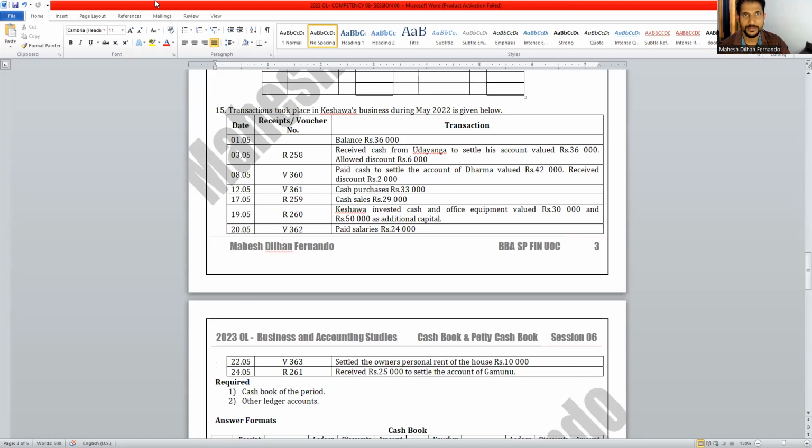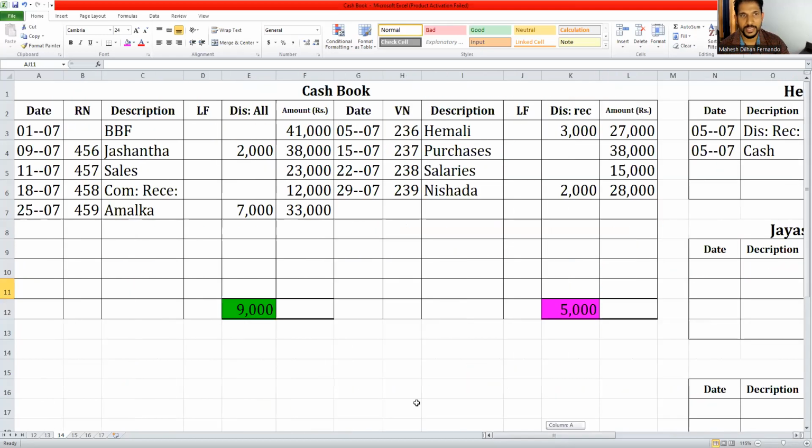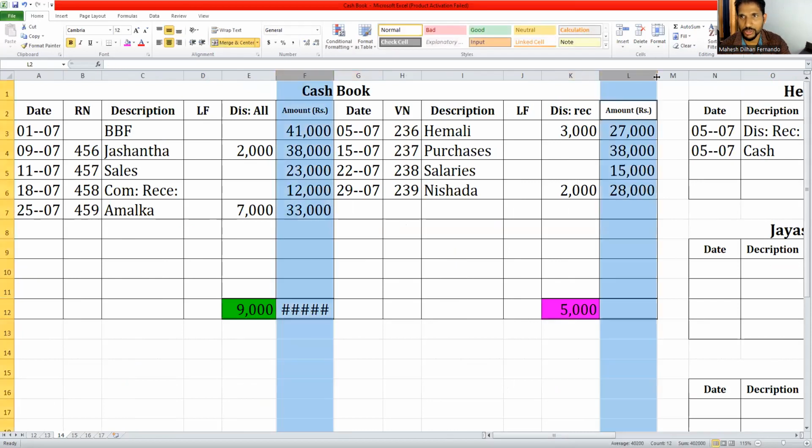Sorry, I forgot to calculate the BCD. The total of the debit side is 147,000. Thank you very much.